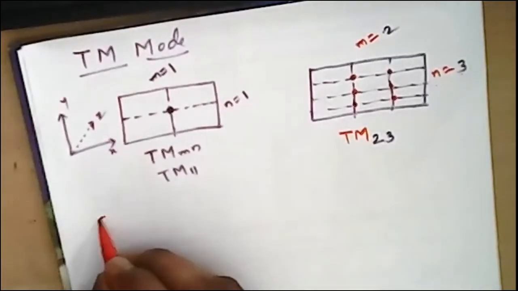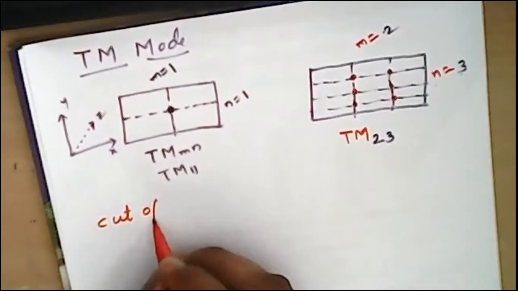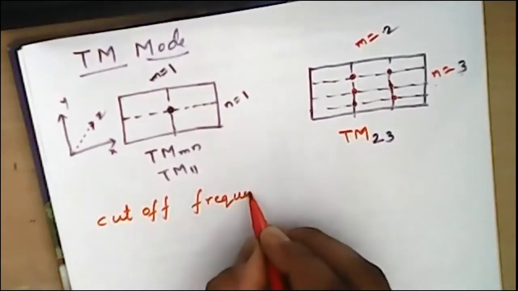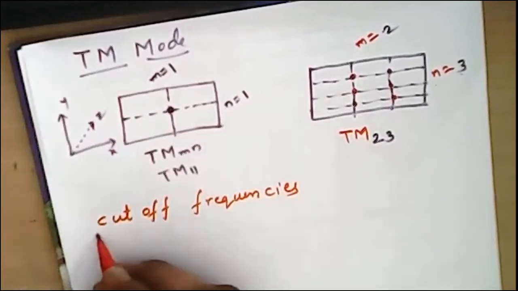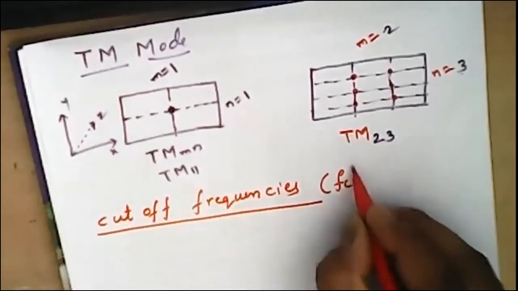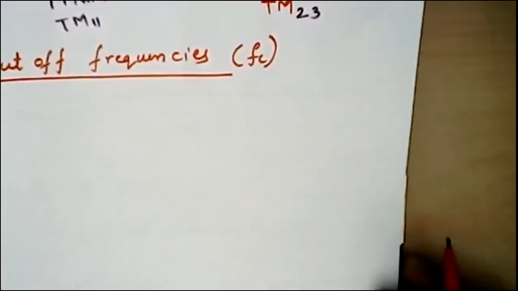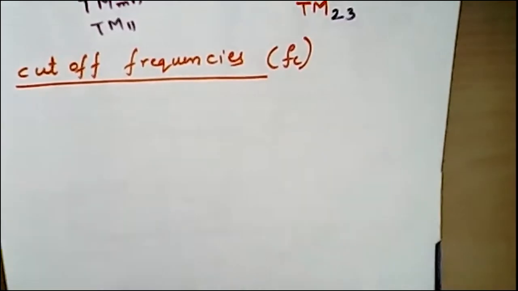Now, another small topic, with which I'll be winding up the class, is cutoff frequencies. The cutoff frequency is represented by fc. Let me clear this down, cover this small topic, and wind up the class.